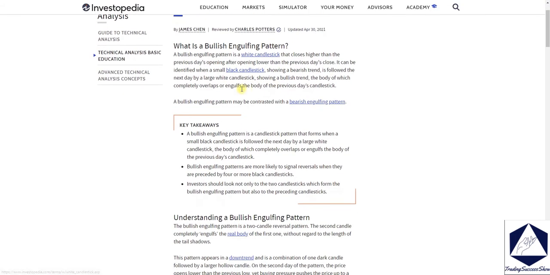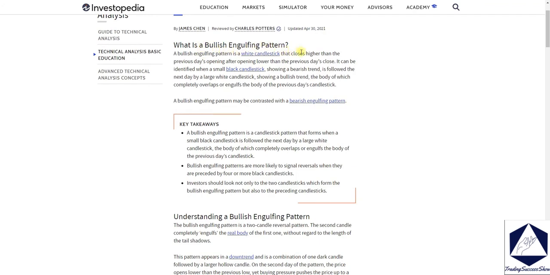So now, what is a bullish engulfing pattern? A bullish engulfing pattern is a white candlestick that closes higher than the previous day's opening after opening lower than the previous day's close.